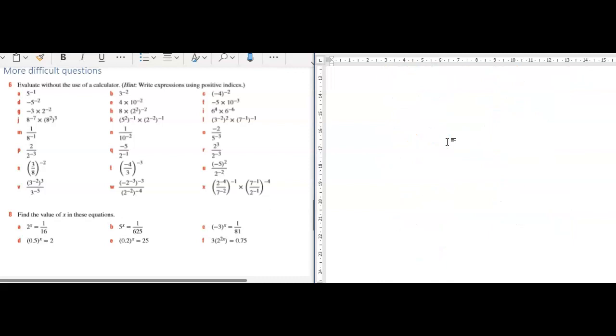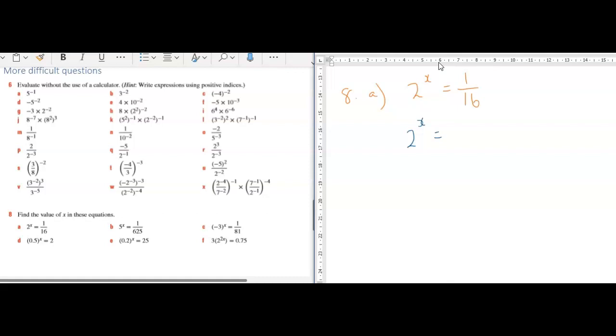All right, have a look at question 8. So question 8 requires you to think a little bit. So we've got, for question A, 2 to the power of x equals 1 over 16. Now, when you're doing something like this, write both sides as the power, the base of x.